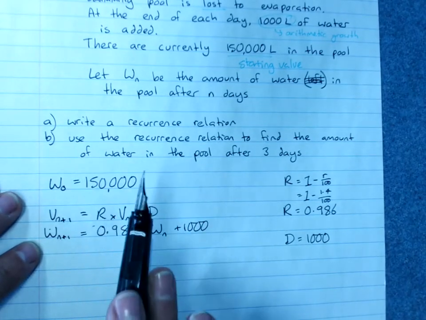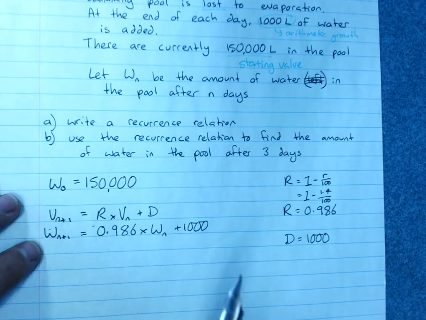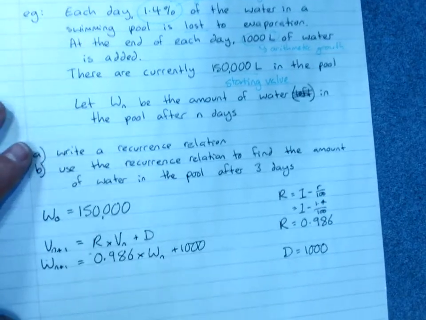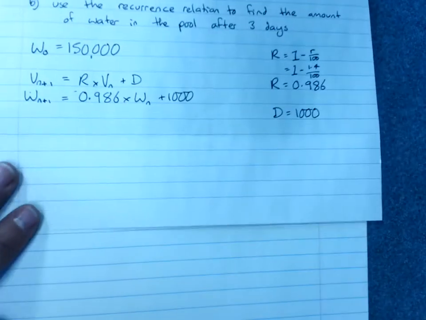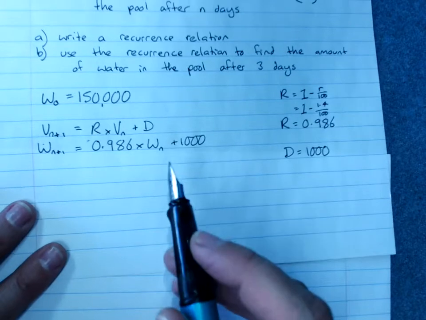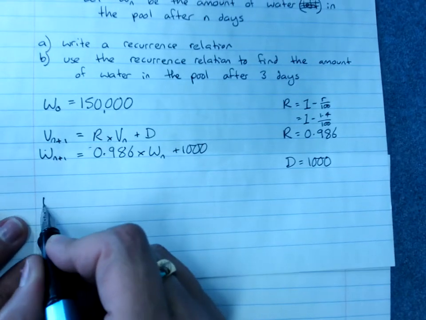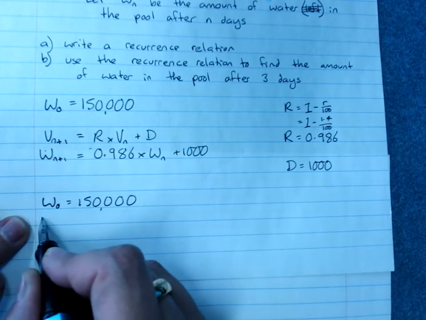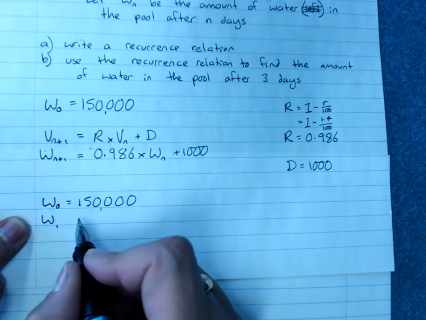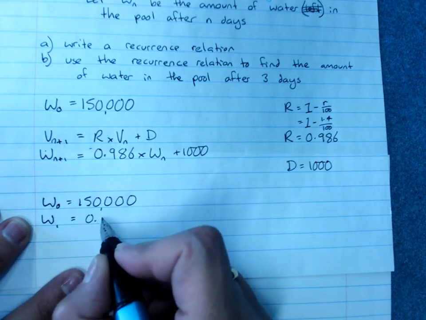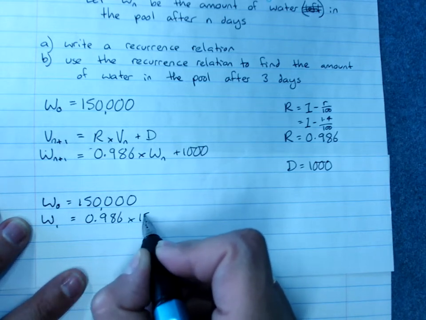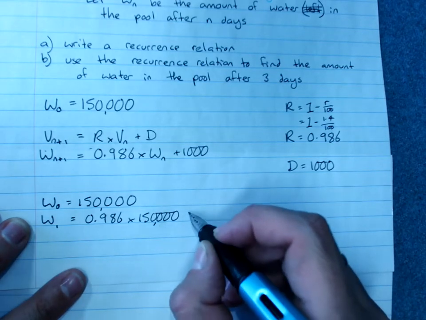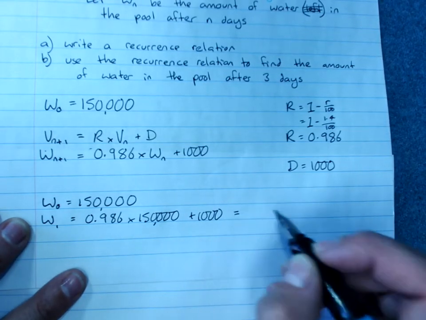Use that to find the amount of water in the pool after 3 days. In a big question like this, you probably want to show full working. So W0, 150,000. W1, the water after 1 day. 0.986 times 150,000 plus 1,000, and work out what that equals.